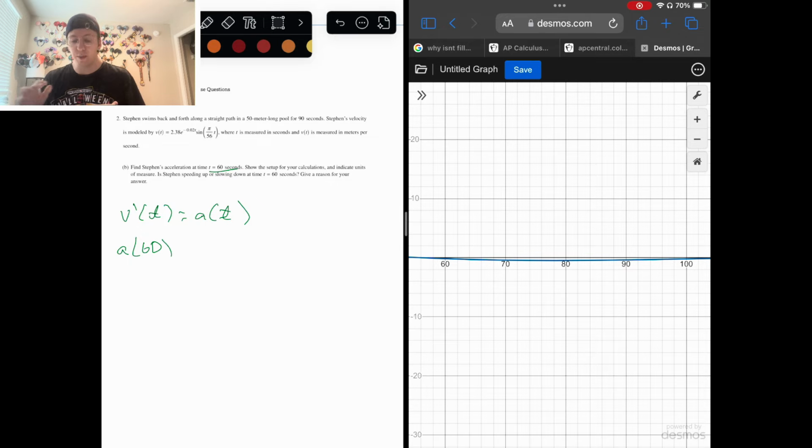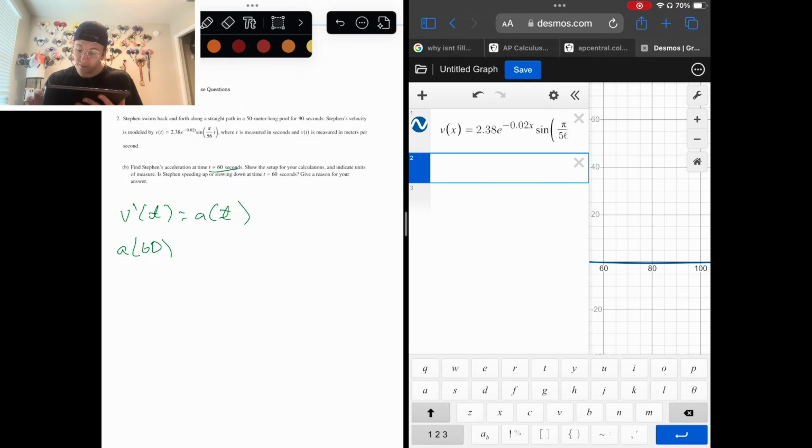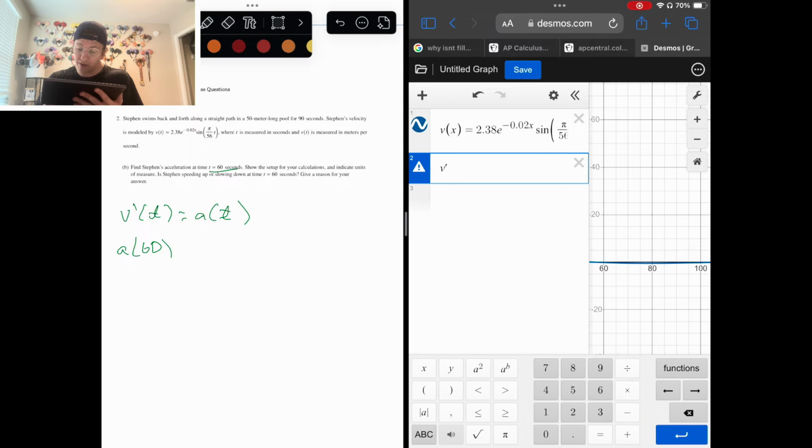I'm going to get that from our calculator. So let's pop up our Desmos insert section, and I'm going to put v prime with that little apostrophe, and I'm going to put 60 directly in. Okay, and that spits out our answer. That would be negative 0.036.